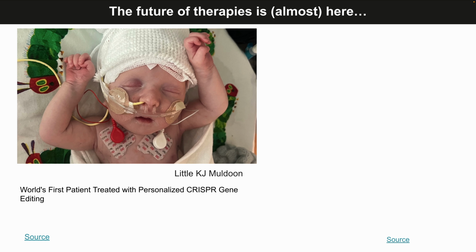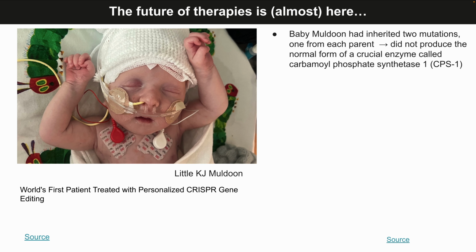So the future of medicine, which often gets this buzzword called personalized medicine, is almost here. And Baby KJ Muldoon is an example of that. Baby KJ was born with a genetic defect, which prevents the liver from processing nitrogen the way it is supposed to. The baby inherited a mutation in a gene called carbamoyl phosphate synthetase, CPS1 gene for short.